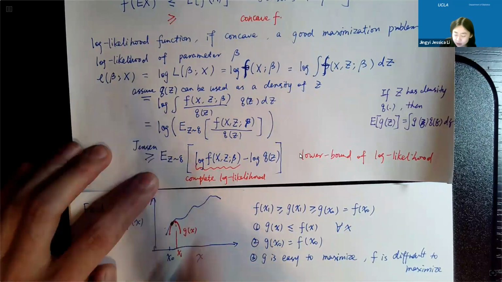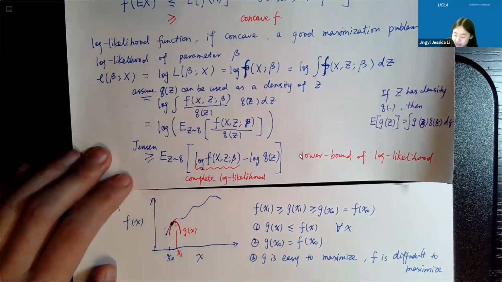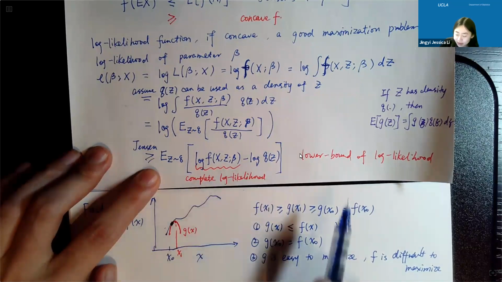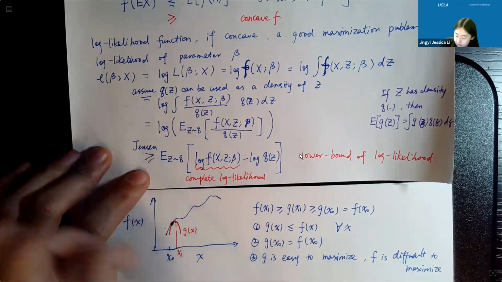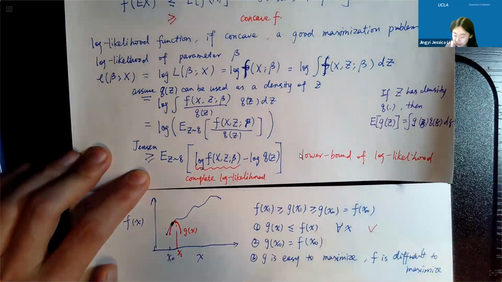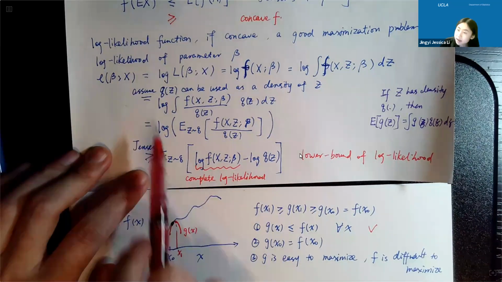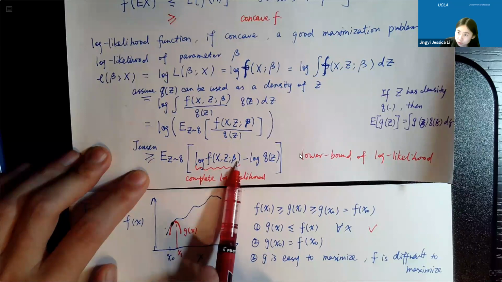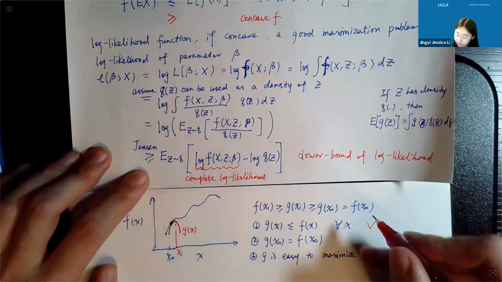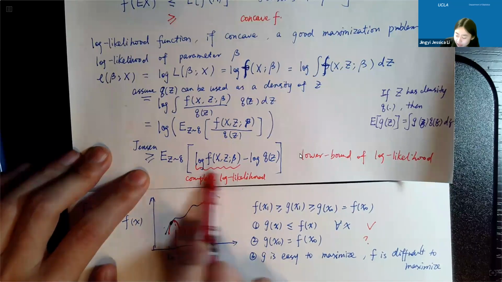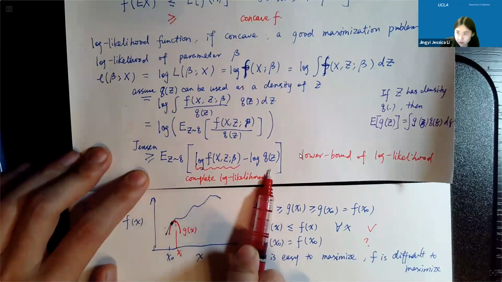To achieve that, we need to make sure, first, it's a lower bound. This is guaranteed already by Jensen's inequality. The second thing is to find the tangency. How can we make them equal at the current beta value? We haven't addressed this yet. The third question to ask is whether this lower bound is easy to maximize itself.